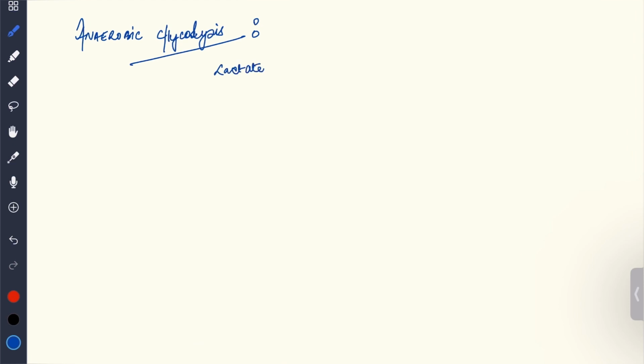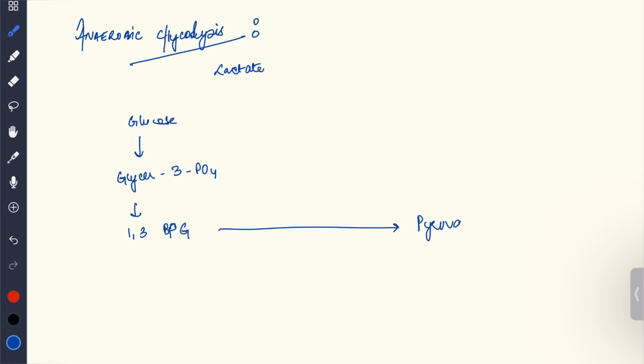It is lactate. First from glucose we will get glyceraldehyde 3 phosphate like we got then, and then we will get 1,3-bisphosphoglycerate like the whole old step. You can just review it. And then pyruvate.